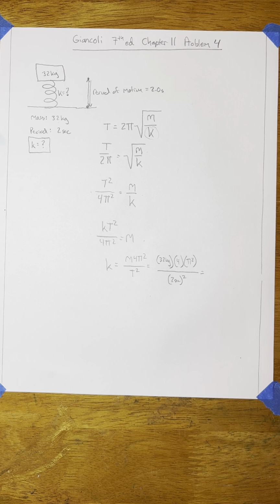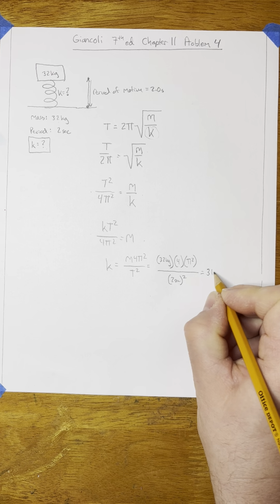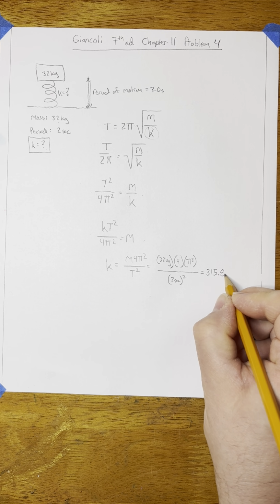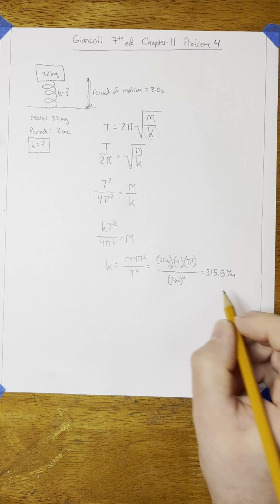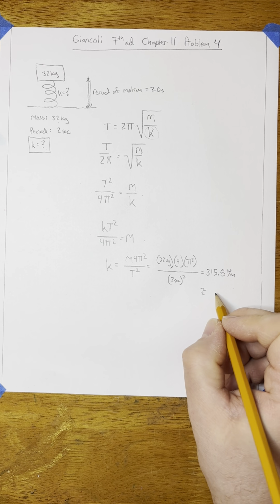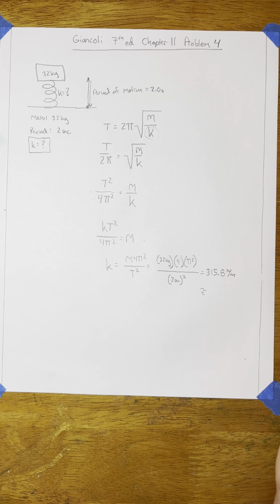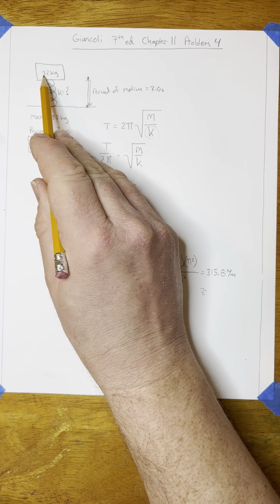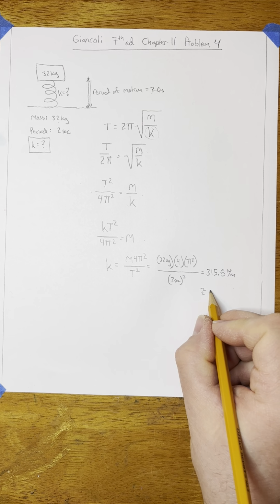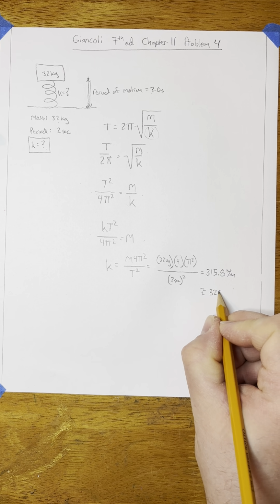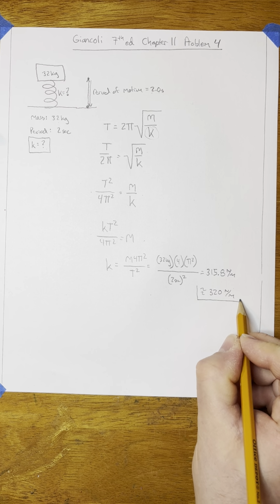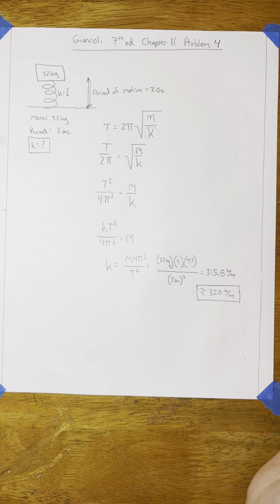When you plug that into your calculator, you're going to come out with 315.8 newtons per meter, which is going to round to 2 significant figures. So we have 2.0 seconds and we have 32 kilograms. So that'll give us an answer of 320 newtons per meter for the spring constant, which is what we were solving for in this problem.